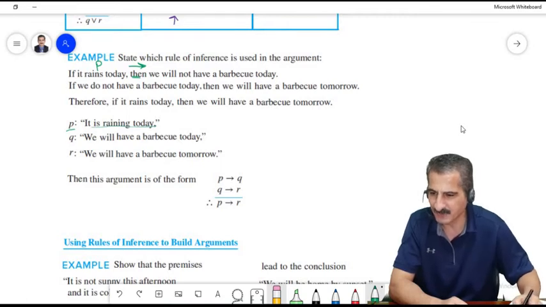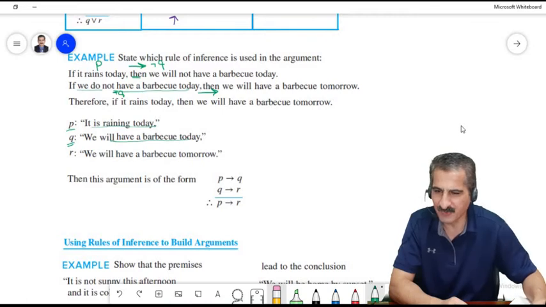If we go for Q, we will have barbecue, that means we will have not Q. We will not have barbecue. Okay. Now, if we do not have barbecue today, which means not Q, then we will have barbecue tomorrow. And we will have barbecue tomorrow is R, so not Q gives R.